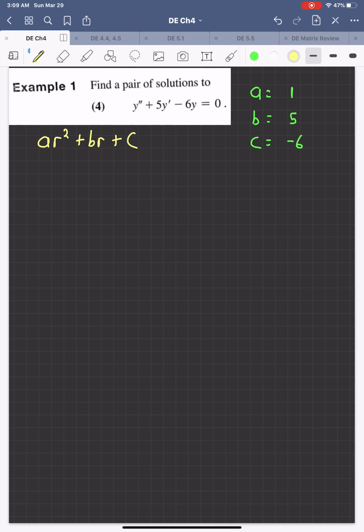But since I know that A is 1, B is 5, and C is -6, let me rewrite this auxiliary equation by plugging in for A, B, and C. So in that case, we have r squared plus 5r minus 6 equals 0.